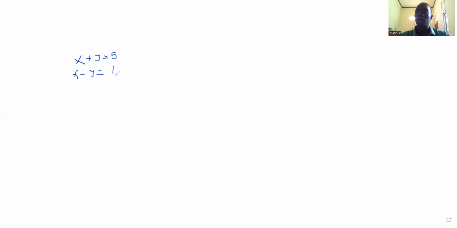To continue, a system of linear equations is a set of equations solved together at the same time. Its objective is to find the values of the variables that satisfy all the equations.